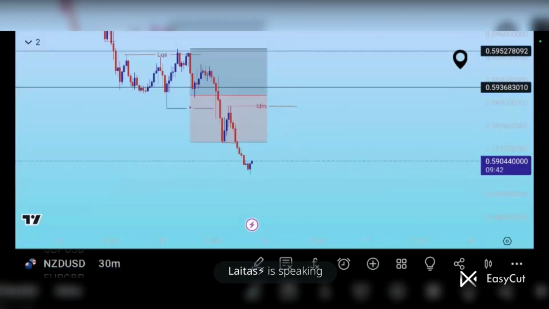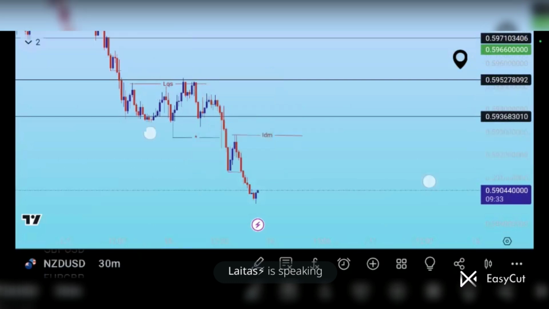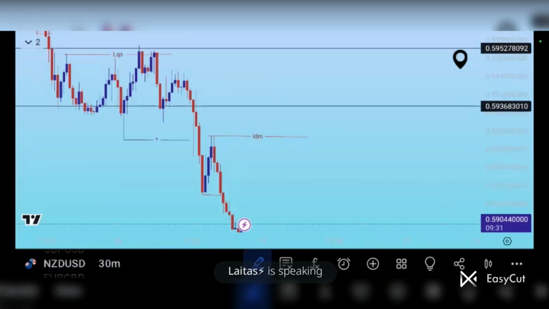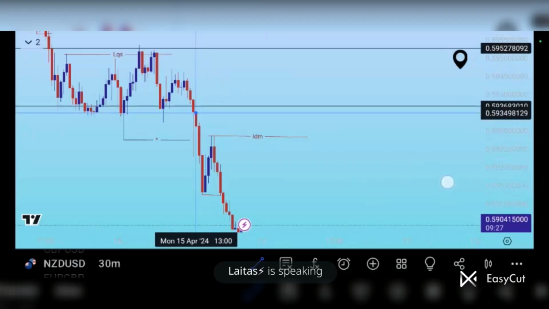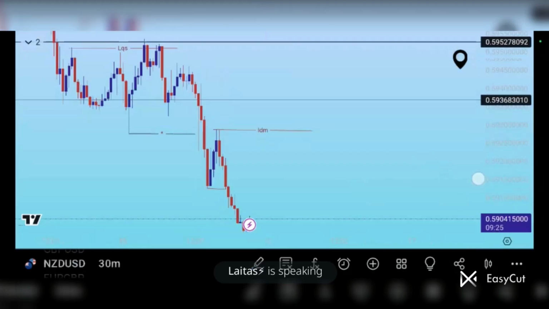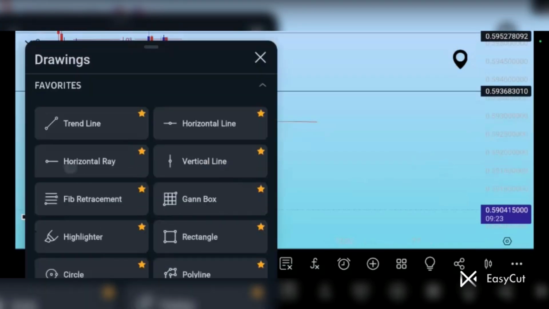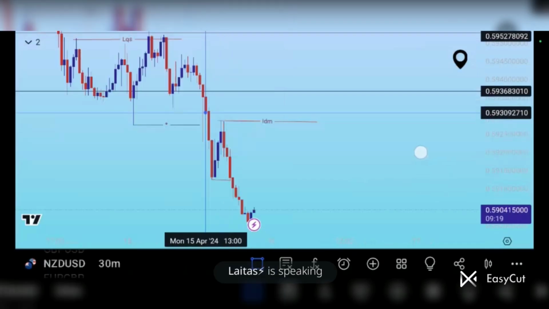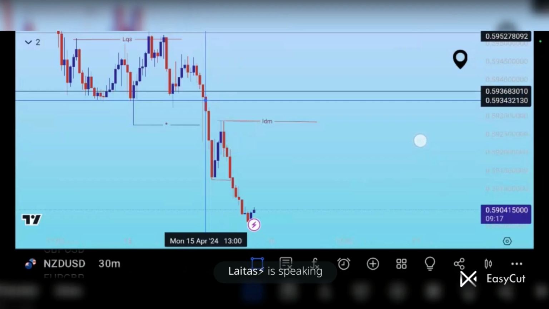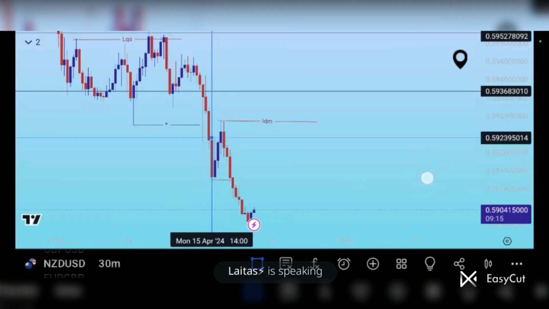Number two, let's say we broke structure. Then do we have imbalance above it? This one is efficient, so we can't call this imbalance. This is the first candle, second, third, so you can't say this is imbalance.